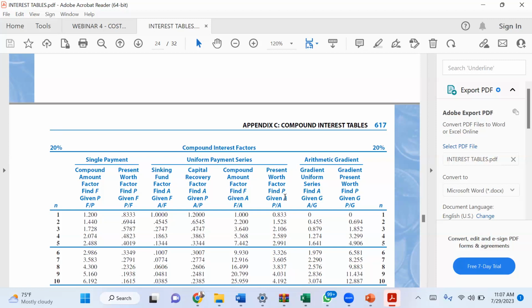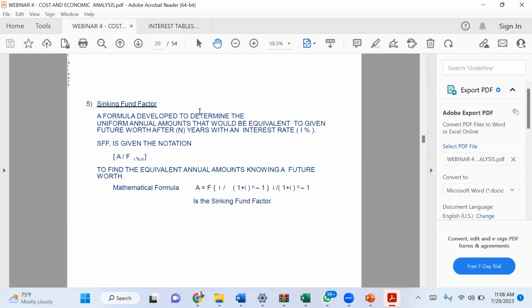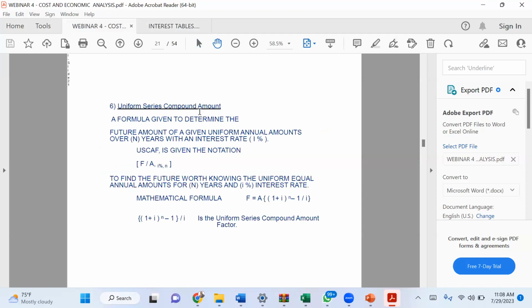You just have to master how to do capital recovery, how to do sinking fund, how to do present worth for single payment. That's all. The other one is just the opposite.